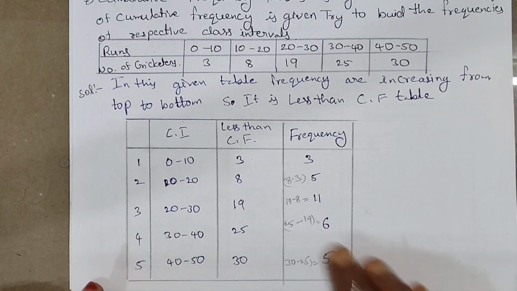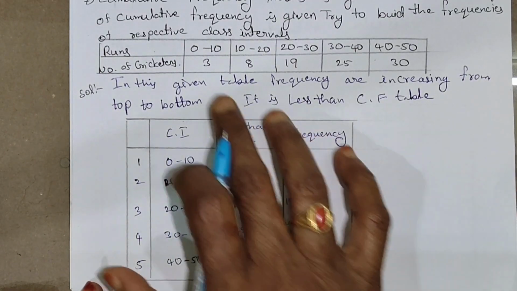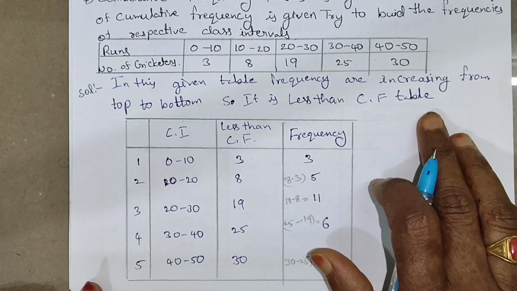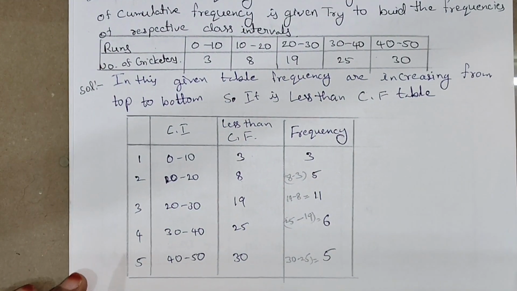These are the frequencies. These are the less than cumulative frequencies, and these are our class intervals. So we write the frequency. This is the seventh answer complete.